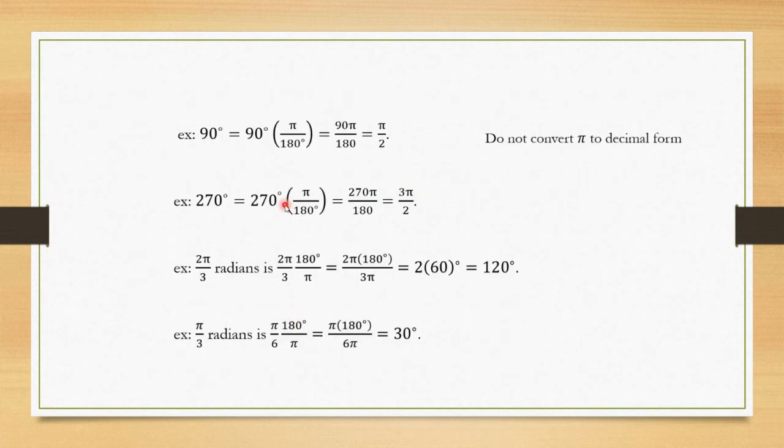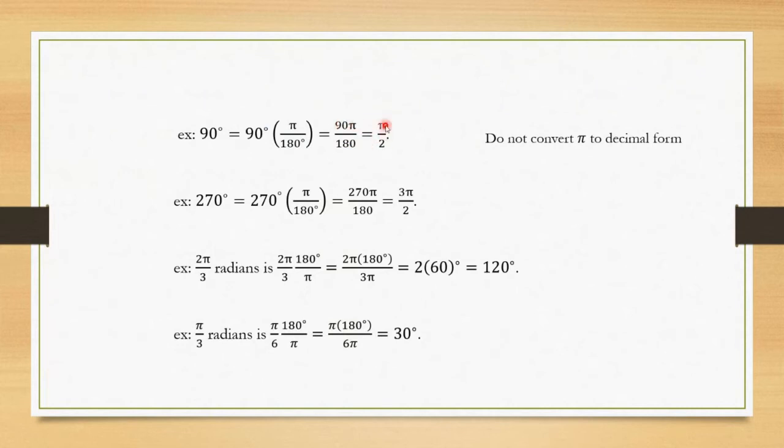So these are just some examples I did. 90 degrees, you can convert that into radians. As I'm doing here, we're multiplying by pi over 180 degrees. The degrees cancel. You're left with 90 times pi over 180. You really want to reduce that if you can, but hopefully it's easy to see that 180 is 90 times 2.